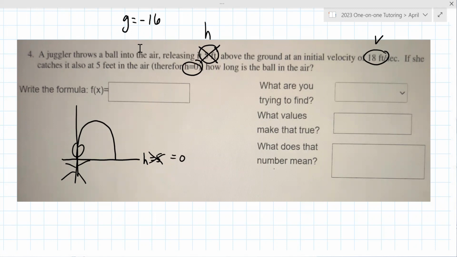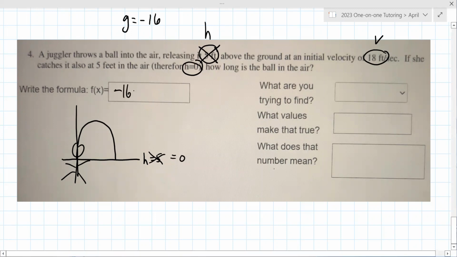Minus 16t squared plus 18t. Okay, I'm just switching to x, but yep, that's correct.